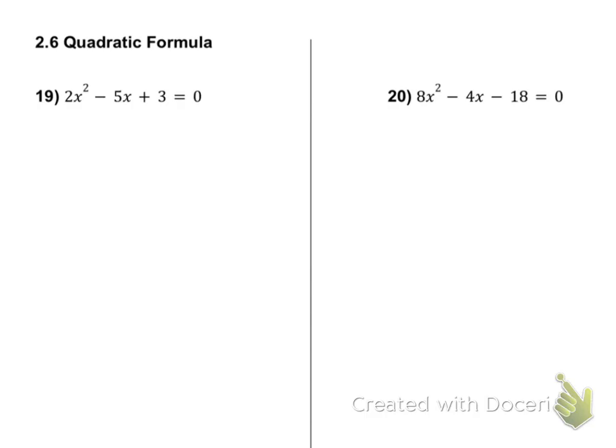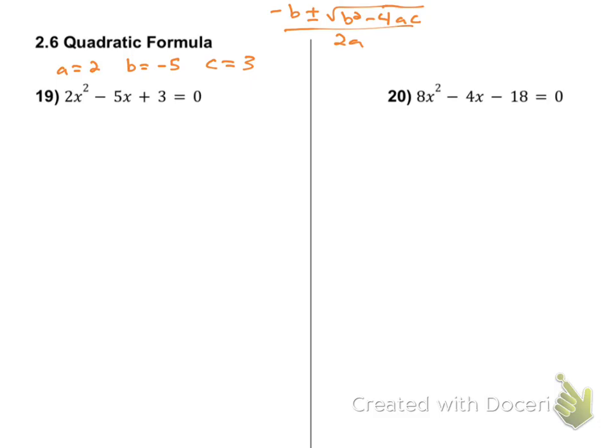19, quadratic formula. So I got a is 2, b is -5, c is 3. All right, quadratic formula is negative b plus or minus the square root of b squared minus 4ac all over 2a.